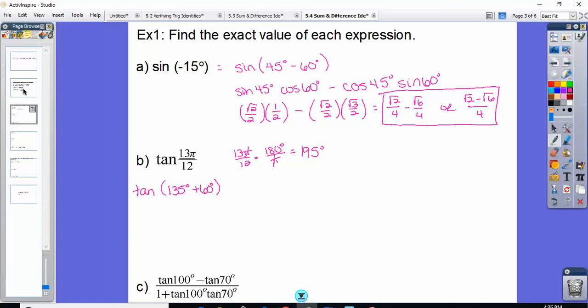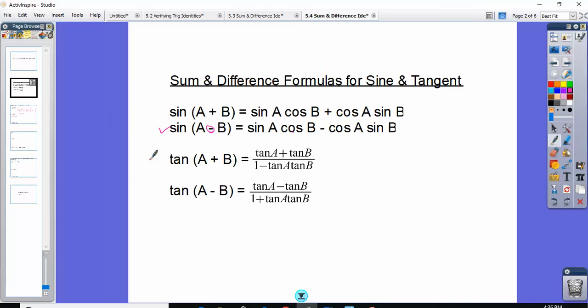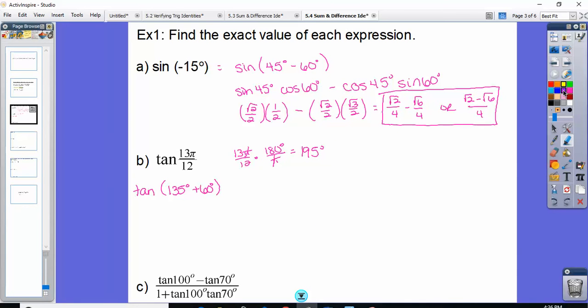Okay, look at your formulas. We have tangent A plus B. So I am using this formula right here. My A is 135. My B is 60. And we are just plugging those in.